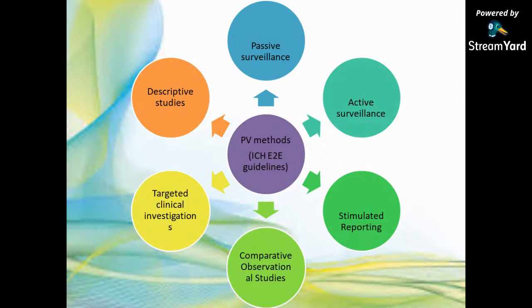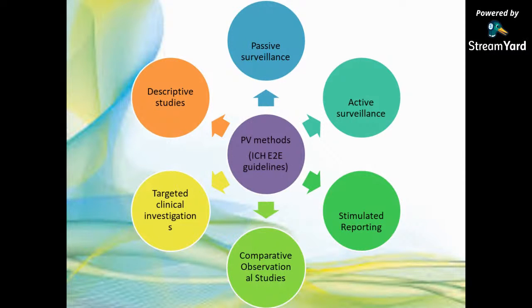Now, all these methods are classified based on the source of the report, such as whether the report is received from a healthcare professional or from a consumer, or through the internet, which is called online reporting, or from a certain organization.